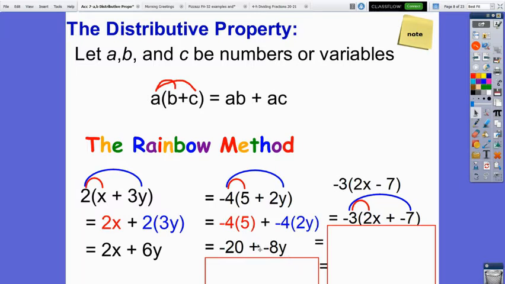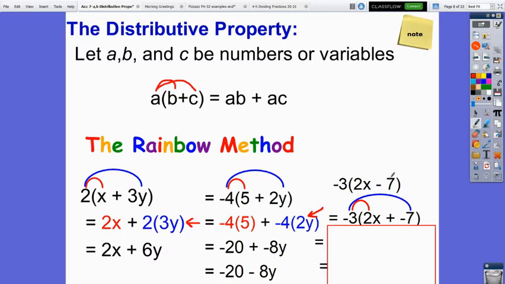And I could rewrite this because plus negative 8y is the same as just minus 8y. You do not have to write this step here, the individual multiplications. Most of you in this class don't need to do that and can just do this multiplication in your head and write the answer.